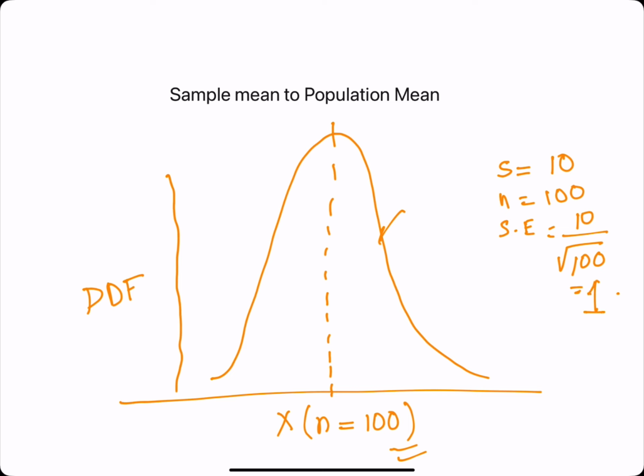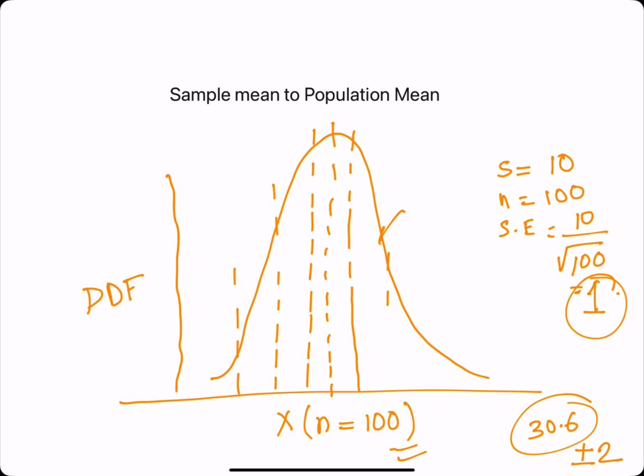Now, to determine the probability that the sample mean, which is 30.6 that we assumed, falls within a certain range, such as plus minus 2 minutes of the population mean, we use the properties of the normal distribution. We know that the standard error is 1.